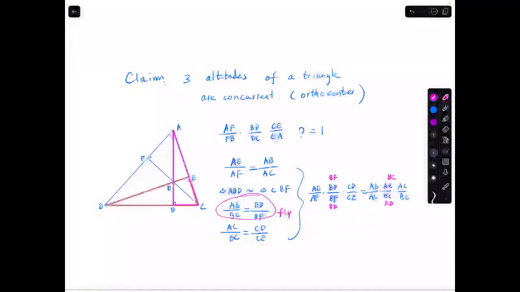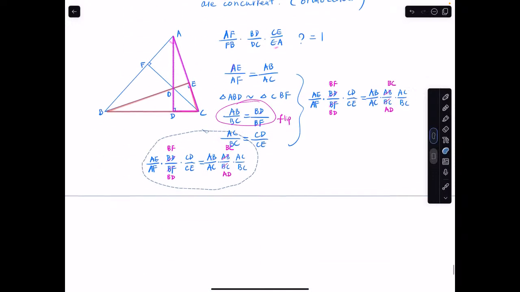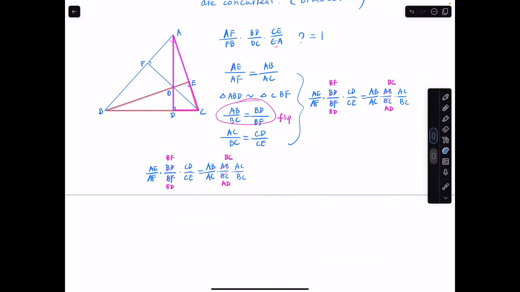Now let's rewrite this here. It's just a flip, right? Let's move it here.